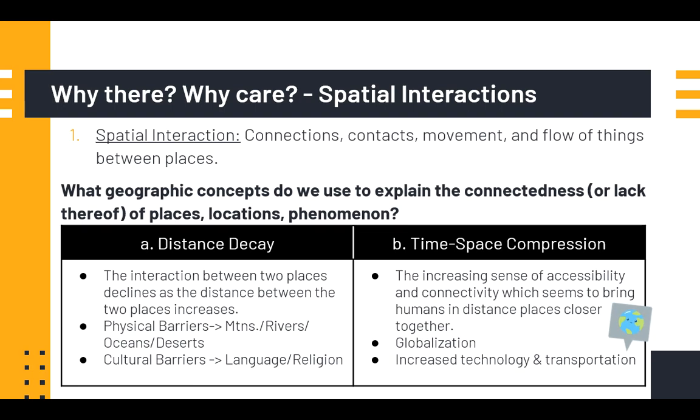Or I could get on a website and communicate with people almost anywhere in the world. This time-space compression means that the world is becoming a smaller place. And I don't mean that literally, but I mean that communication is faster, travel is faster.